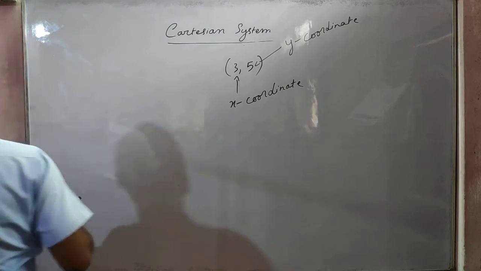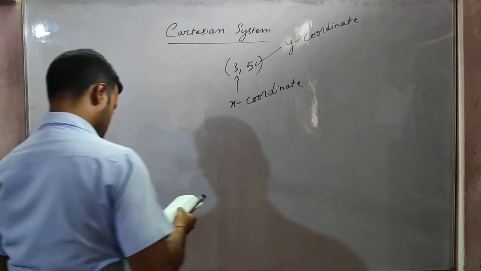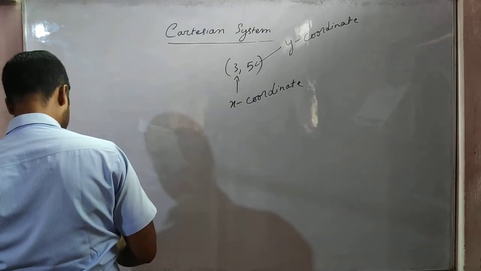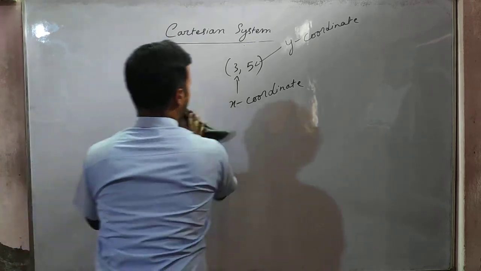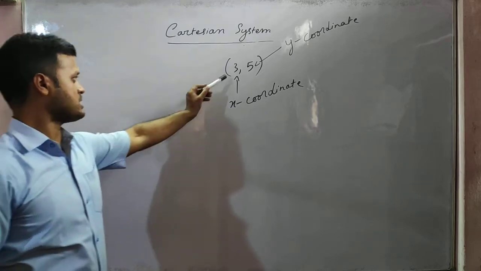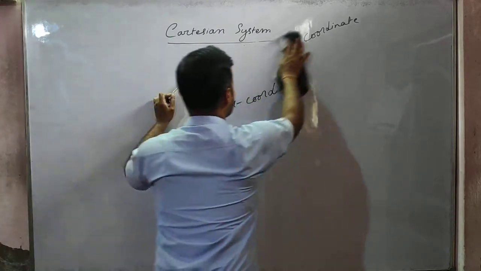Okay, so one more thing you have to write as a note, students. Understood? First part is called the x coordinate, second part is called the y coordinate.